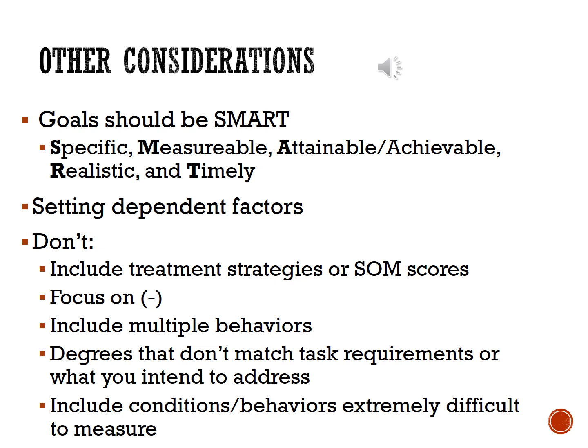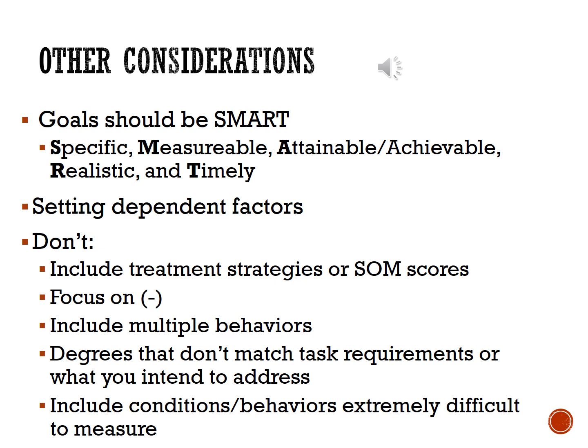And then lastly, when you're picking your behaviors and the conditions under which they're going to be performed, think about how easy it's going to be for you as a therapist to actually measure those outcomes.